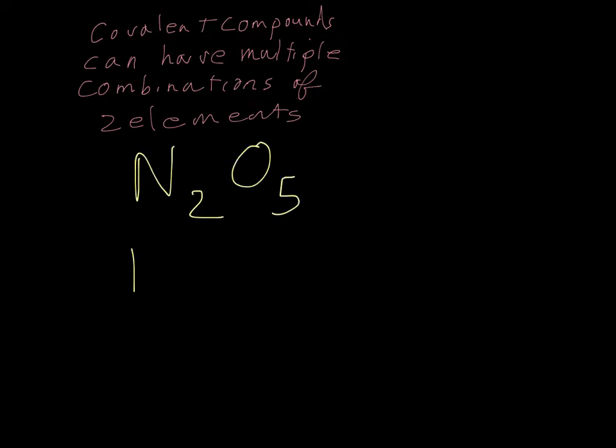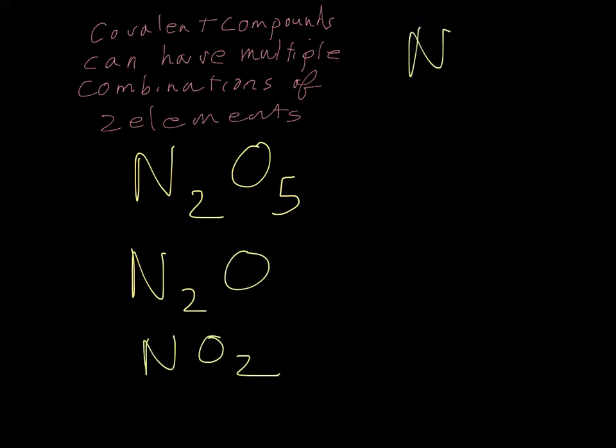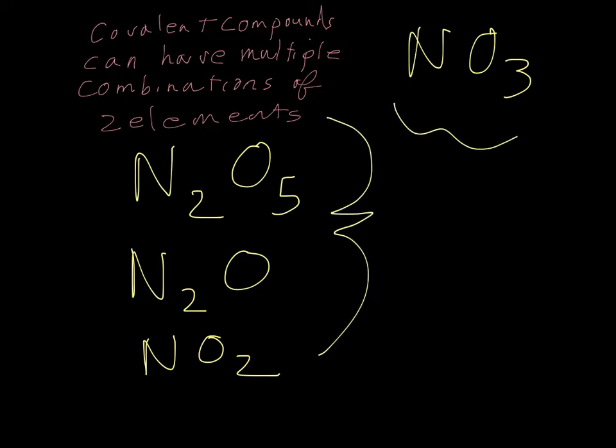nitrogen and oxygen alone can form all sorts of combinations. Each one of these combinations actually exists. And because each one of these combinations actually exists, we have to have a nomenclature system that allows us to name these compounds as different compounds.